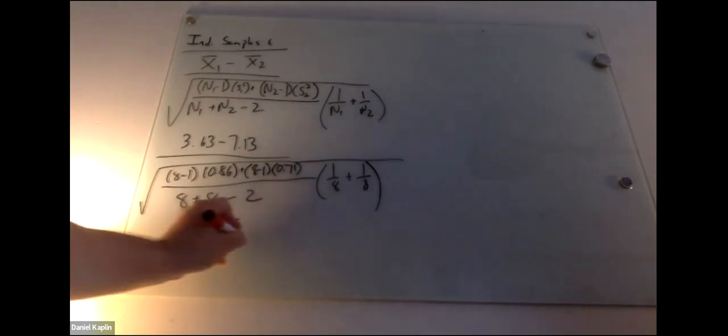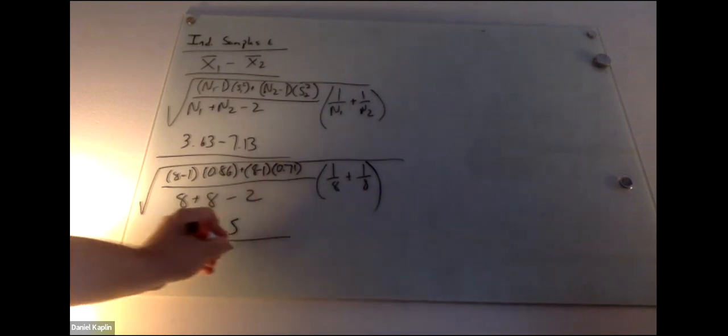Okay, so now that I have everything there, I could start the process of calculating this mathematically. The first thing I'm going to do is try to simplify what's going on here. The numerator was 3.63 minus 7.13, so the new numerator is minus 3.5, divided by the square root of, and I'm sorry it got squished, but I need the whole space of the board.